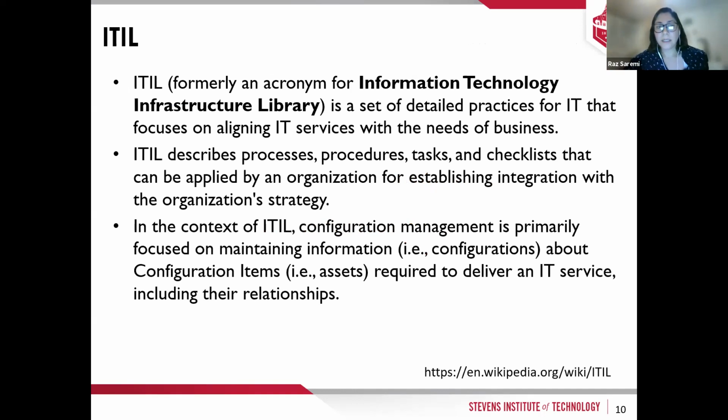That is used under the Information Technology Infrastructure Library, which talks about different processes, procedures, tasks, and checklists that we need to do for configuration management. The context of configuration management is focused on maintaining information rather than actual development.